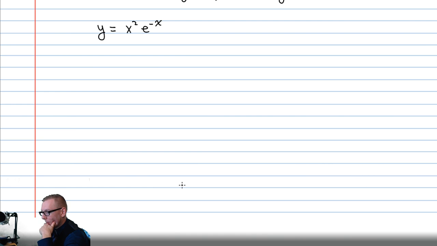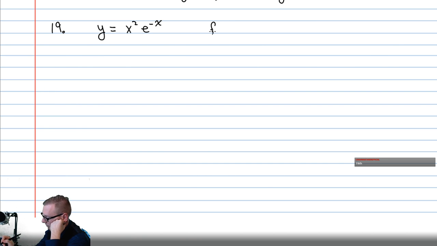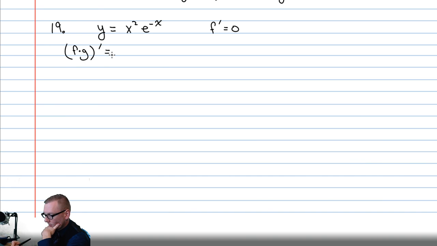So remember the increasing is the first derivative test. So first derivative. So this is the product rule, f times g, which is what? f g prime plus f prime g.